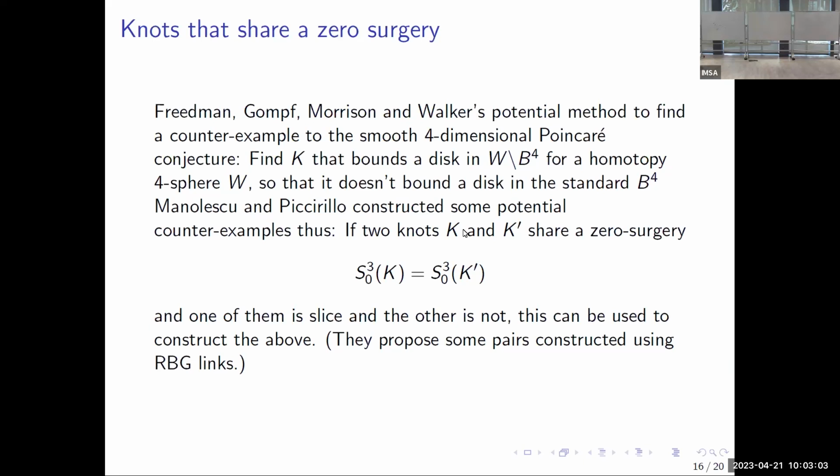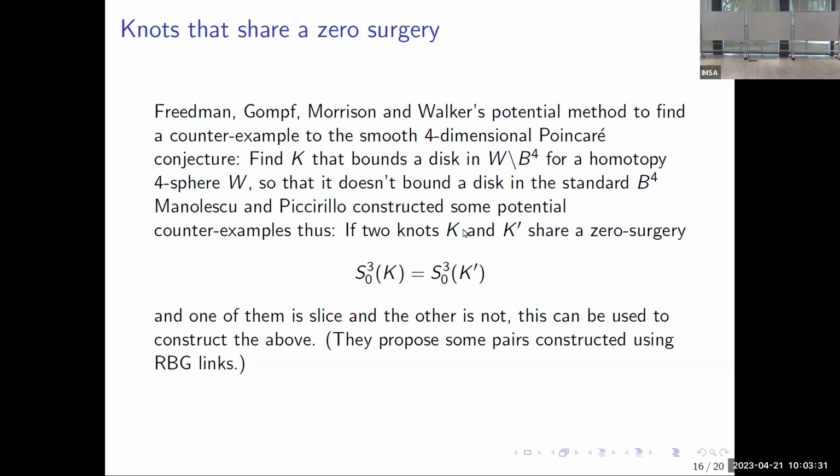And then they had some method of generating knots that shared a zero surgery, where it was possible that on one side it could be slice and on the other side it might not be slice. And so they proposed a bunch of pairs like this. They had this method where you take this thing called an RBG link, and then you do some stuff and you construct one of these pairs.